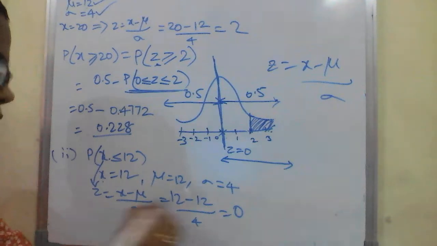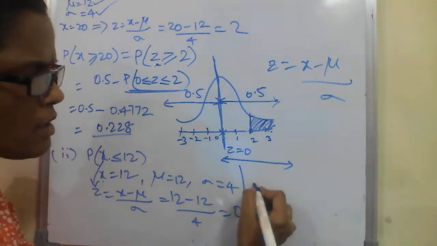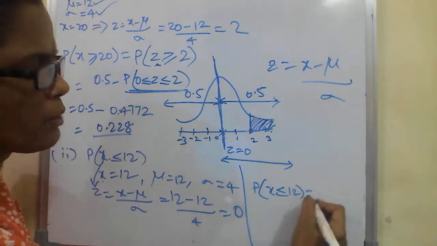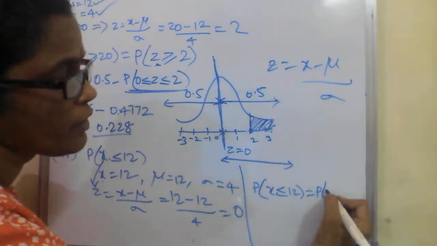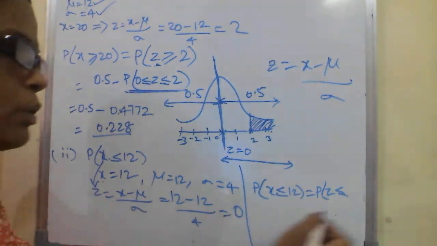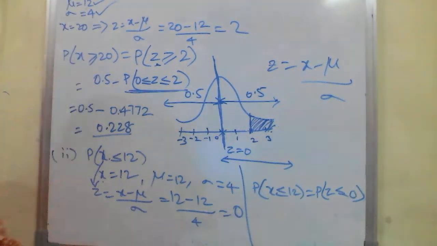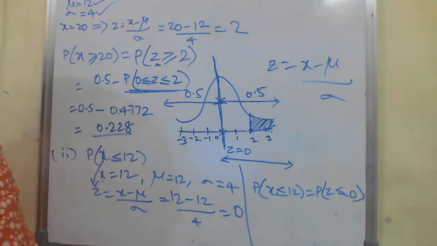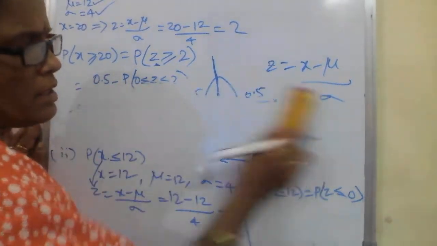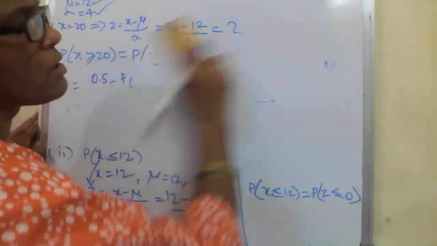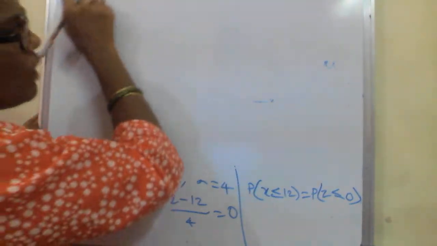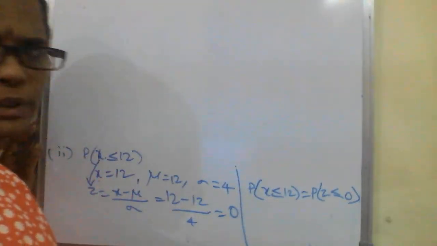So I have converted the value of X in terms of Z. Now my required probability, the probability of X less than or equal to 12, means it is the probability of Z less than or equal to 0, since I have converted 12 into Z, that is 0. Here I told you that for a normal distribution, without the figure you cannot do the problem.